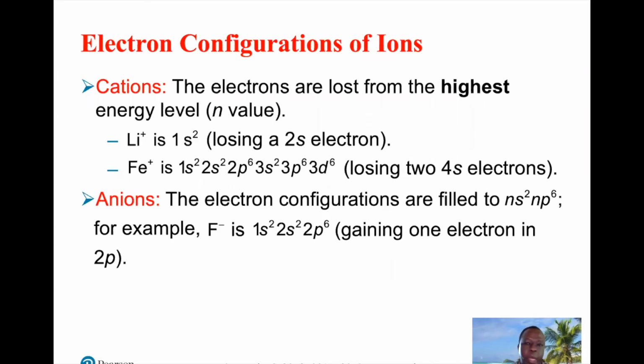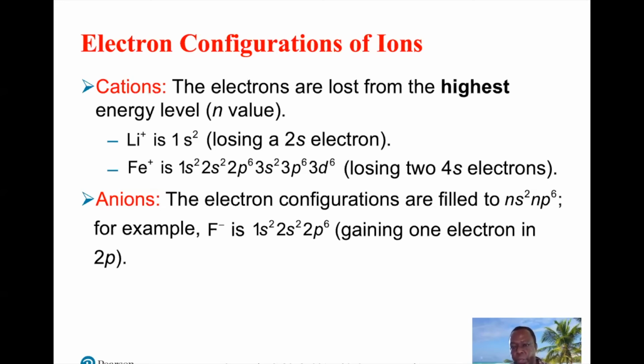Somebody may think that okay, we are done with the 4, and then we go with the 5s, and then we go with the 6. There is an overlap as the n value increases, and that diagram will help you out in writing electron configuration and writing electron configuration for ions. And remember, ions can be cations, they can be anions.